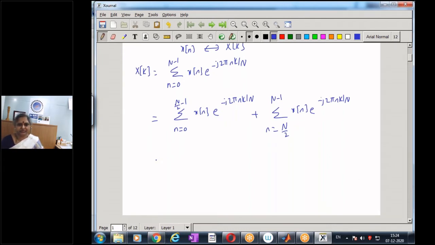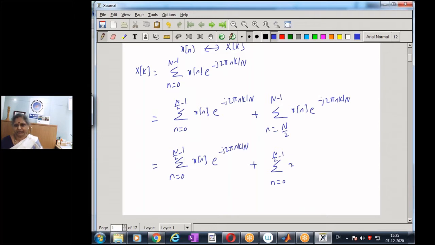Now we will make both of them run from 0 to n by 2 minus 1. So the first is the sum from 0 to n by 2 minus 1 of x of n e to the power of minus j 2 pi nk by n, plus the second summation, which I also make run from 0 to n by 2 minus 1, in which case I need to make suitable changes.